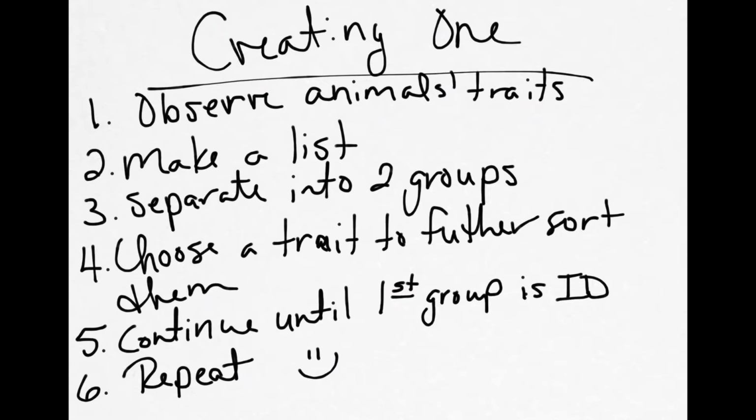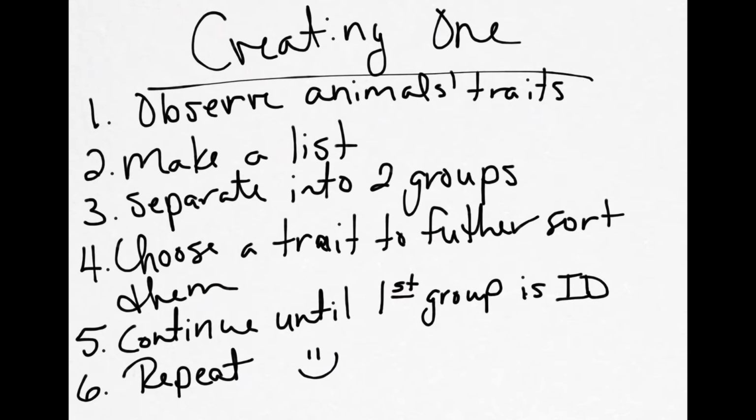Okay, after observing them, make a list. Make a list of traits that you can use to sort them and put them into groups. So remember the whole idea with taxonomy, with classifying stuff, is that it makes things easier. We're going to see that come back when it comes to creating dichotomous keys. It's all about grouping stuff.